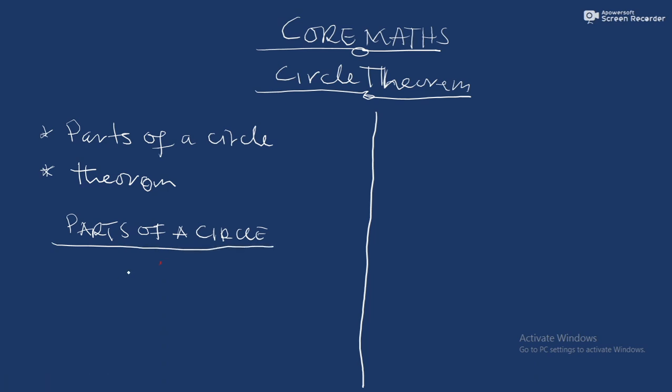Now, when you were in junior high school, even primary school, you learned about shapes and you came across the circle. A circle is just one of the shapes, and it has a center. Every circle has a center, that is a fixed point. You identify a circle by its fixed point first.